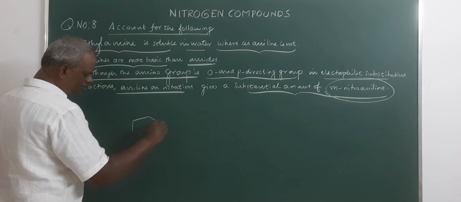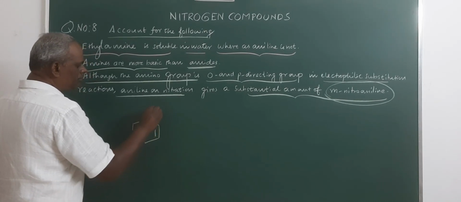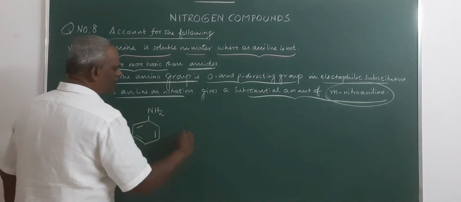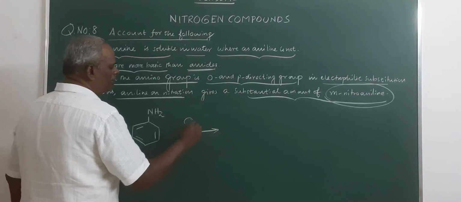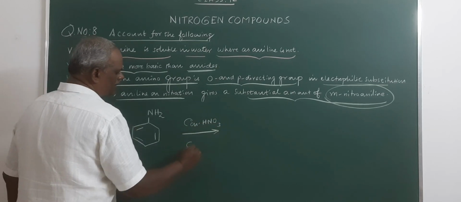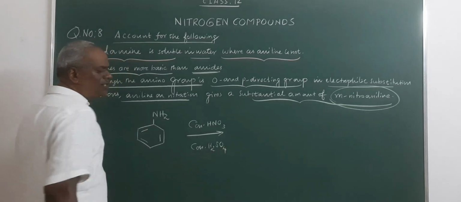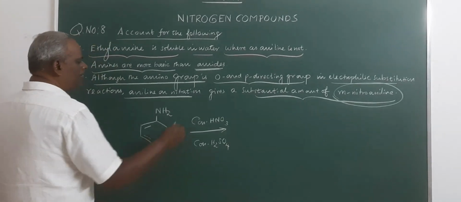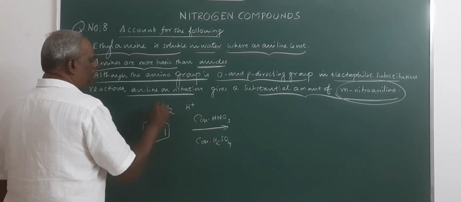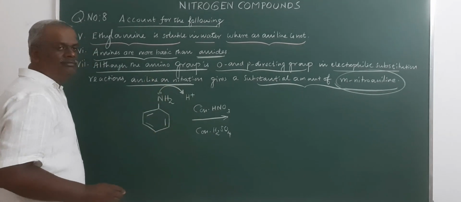Take aniline, this is the formula for aniline. When this is nitrated using the mixture of concentrated HNO3 and concentrated H2SO4, from the acidic mixture you will get the hydrogen plus. Now the nitrogen gives the electron pair to this hydrogen plus.